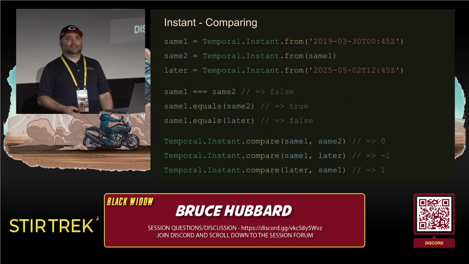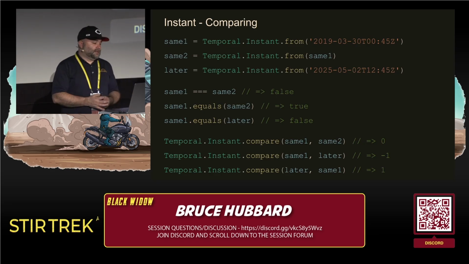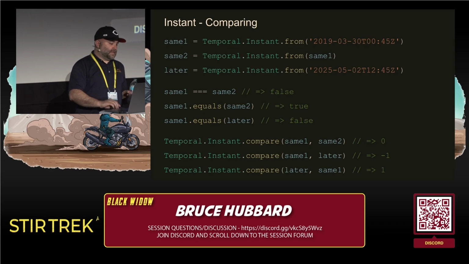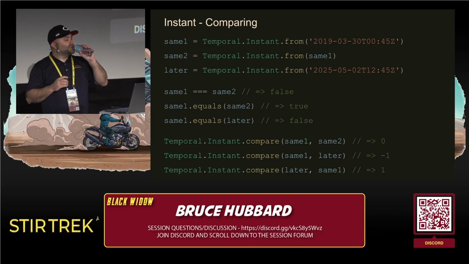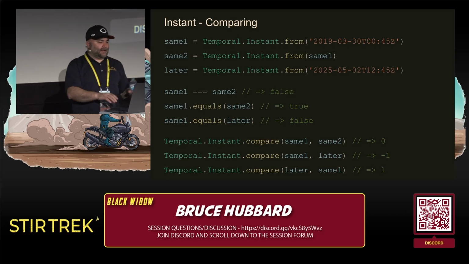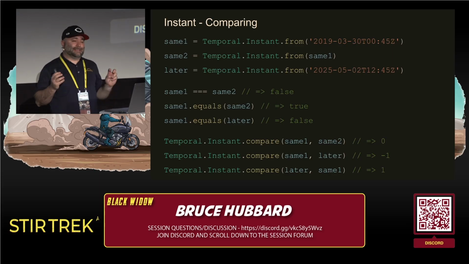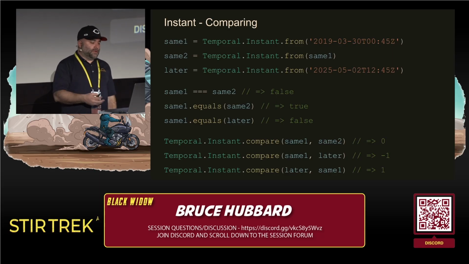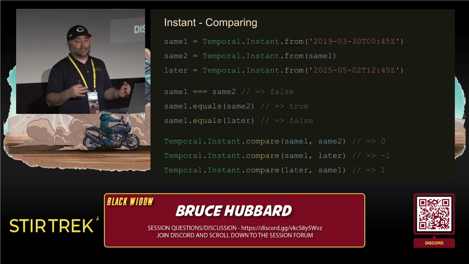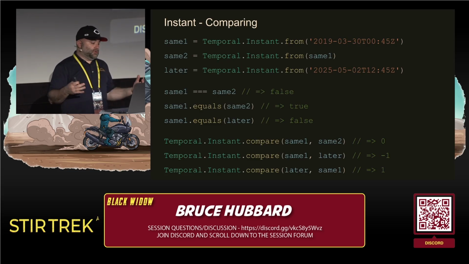Other things you might want to do with a date is compare it to another date. On this slide, I'll let you read it for a second. I have 3 instants. 2 of them are the same, one of them is later. Just like any JavaScript object, if you use triple equals on it, since it is an object, it's going to be false unless they are literally the same object in memory, even though the first 2 are the same.